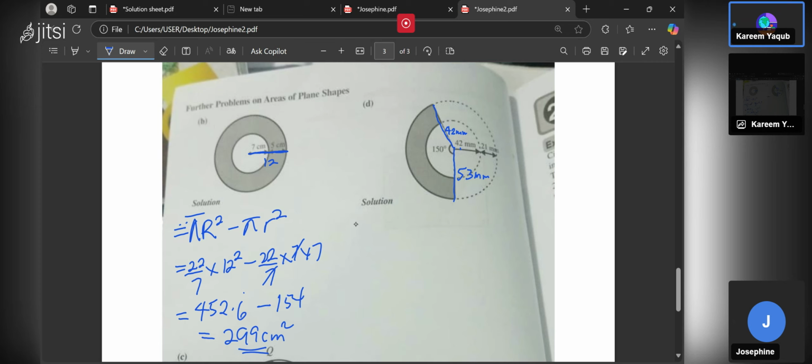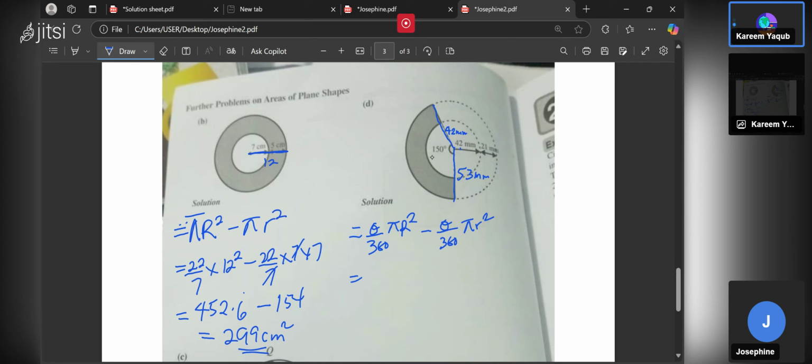So the area now will be theta over 360 times pi big R squared minus theta over 360 times pi small r squared.